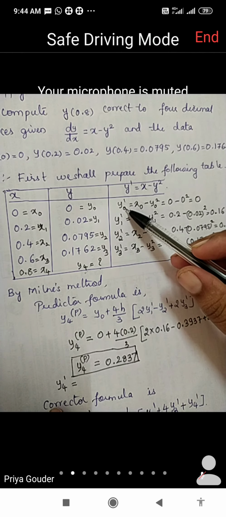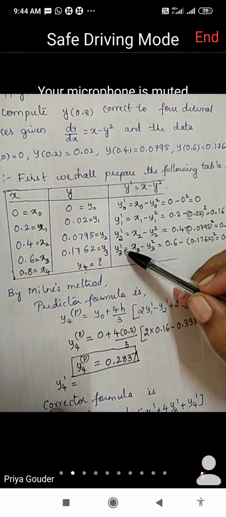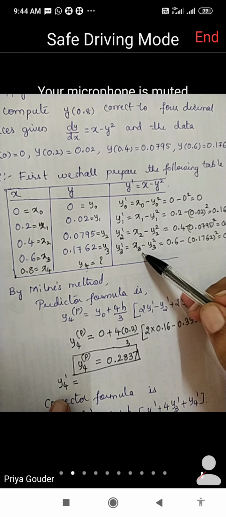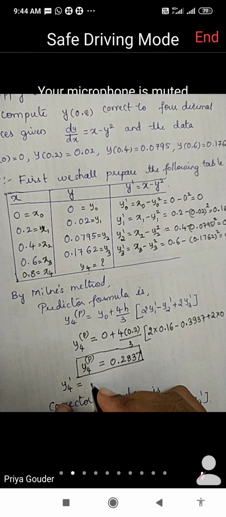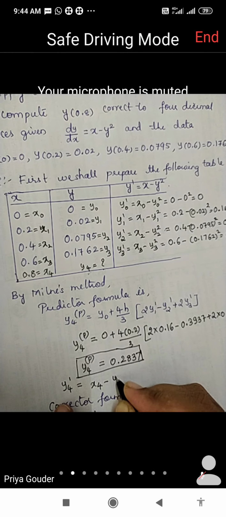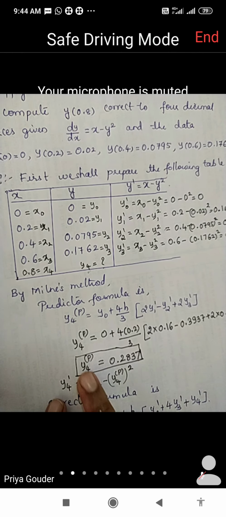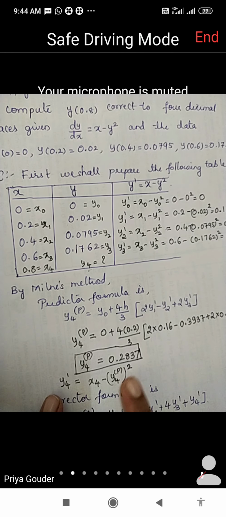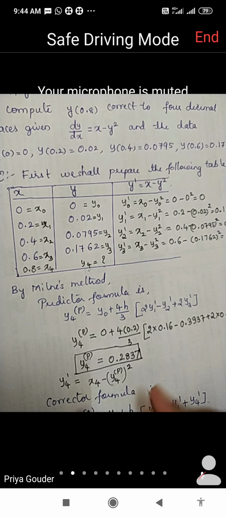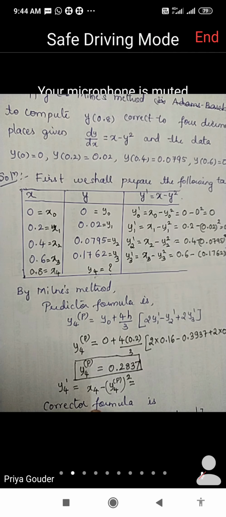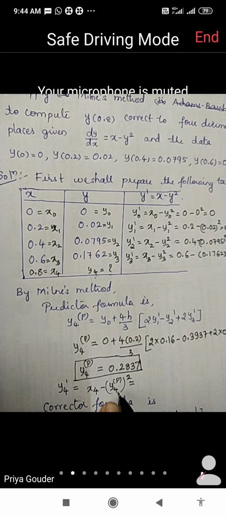Like y naught dash, y1, y2, y3 dash, y4 dash will be x4 minus y4 square. But what value of y4 we have to apply? Y4 predicted value. So I am writing like this. Clear? Then what is x4? You see?